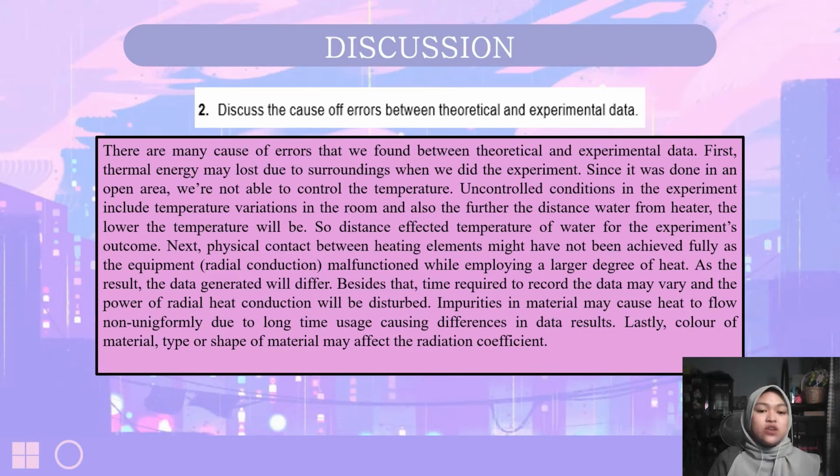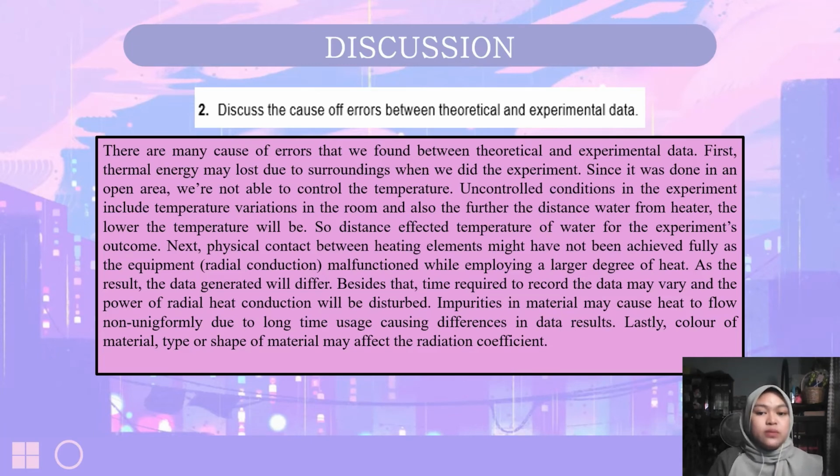Next, physical contact with the heating element may not have been achieved fully as the equipment malfunctions while employing a larger degree of heat. As the result, the data generated will differ. Besides that, time required to record the data may vary and the power of radial heat conduction will be disturbed.